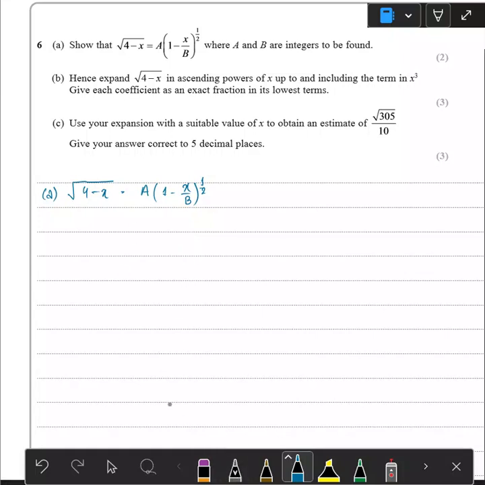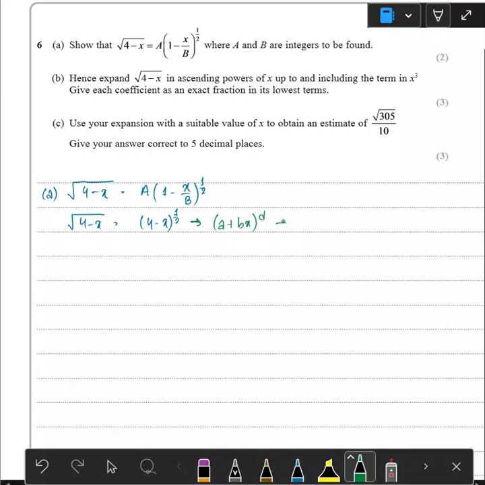As you can see, this expression, 4 minus x, can also be written as (4 minus x) to the power half, and this is in the form (a plus bx) to the power d, the usual form that the expressions used for binomial expansions are given in.